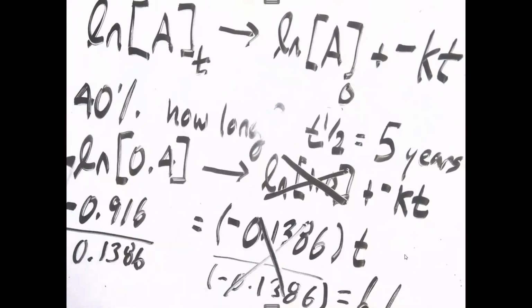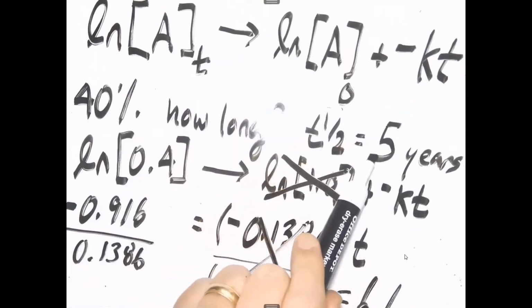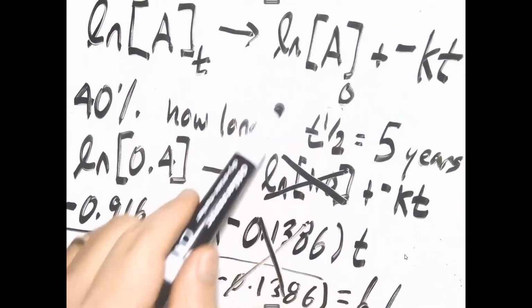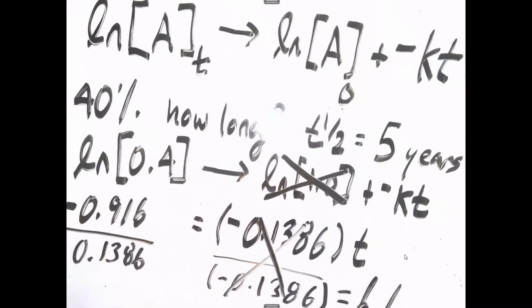And so it's just going to be the natural log of whatever your decimal here will equal negative kt. If k isn't given, you have to use the half-life to figure out what k is. And again, you would just take natural log of 2 divided by the half-life, and that gives you negative k. And then you divide both sides by whatever that is, and that will equal the time. And there it is. That's your answer.